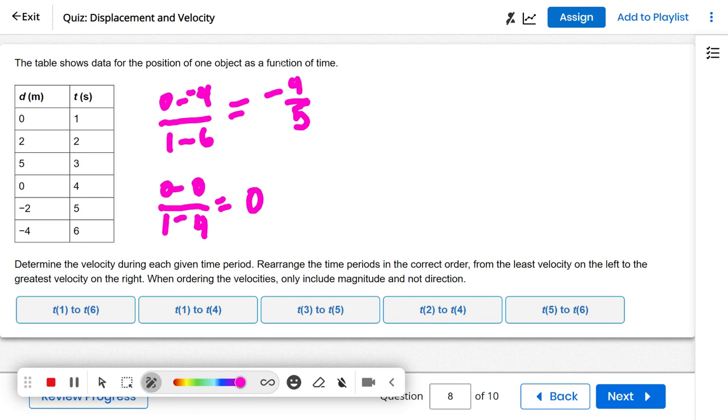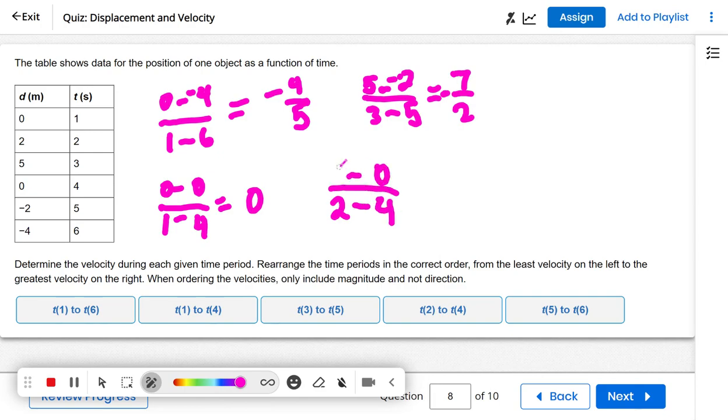Now, with this one, 3 to 5. 3 minus 5, with 3 we have the 5. With the 5, we have the -2. So I have -7 over 2. Then we have the 2 to the 4.